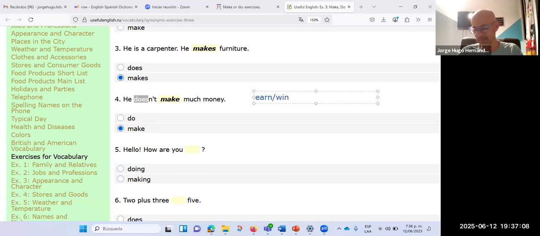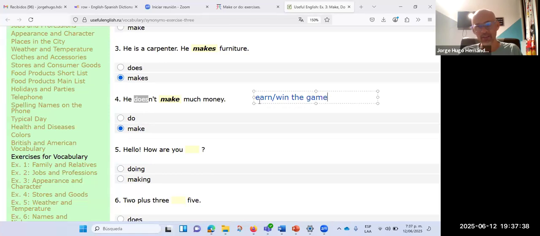Earn is like win, but there are some specific cases when we use earn and when we use win. For example, we earn the salary, or we earn money. And win, for example, win the match, or win the game.